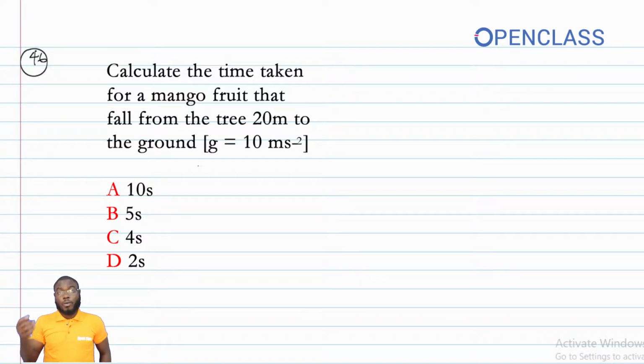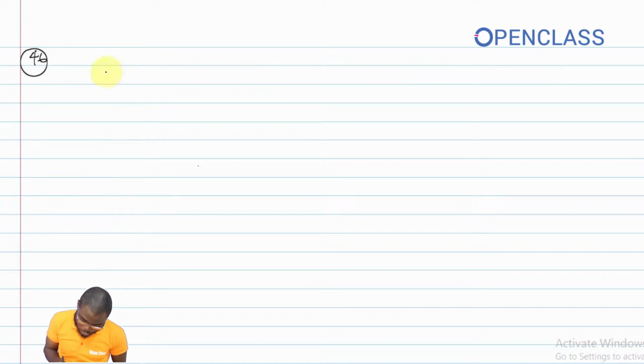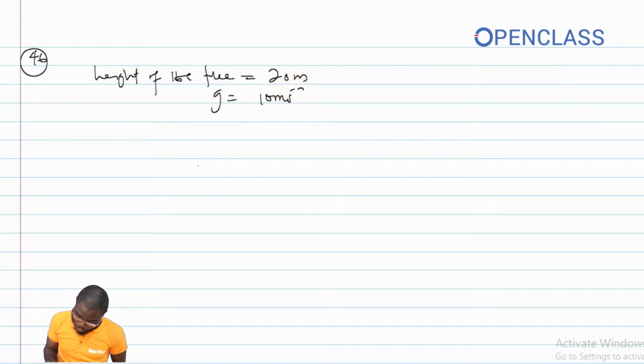A mango falling from a tree is a free fall due to gravity. We have the height of the tree to be 20 meters, and g to be 10 meters per second square.